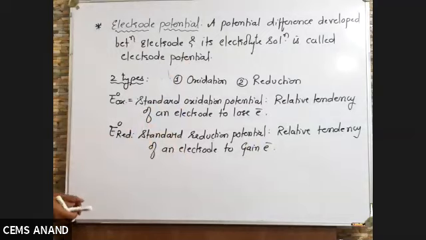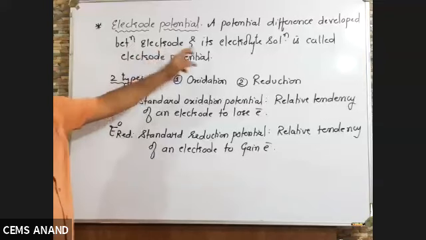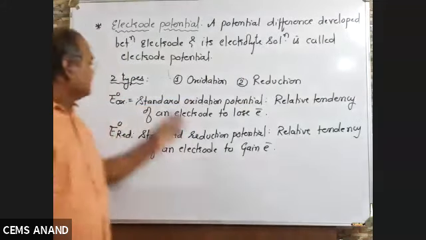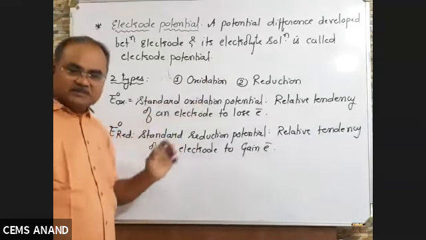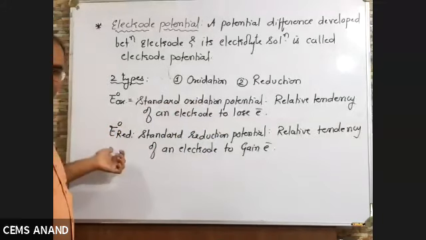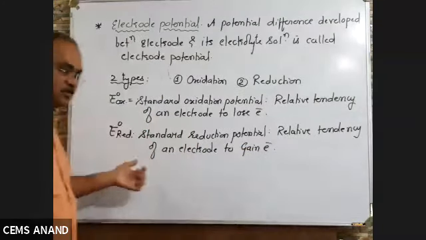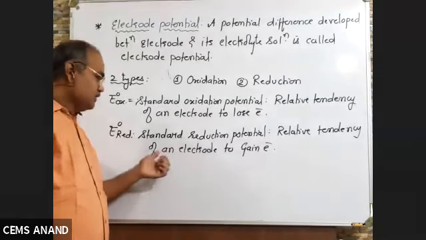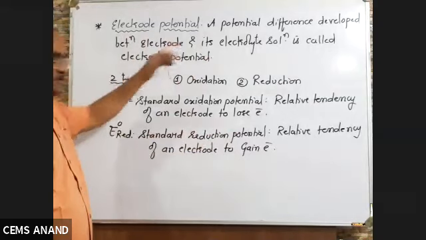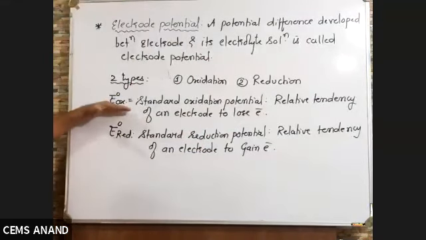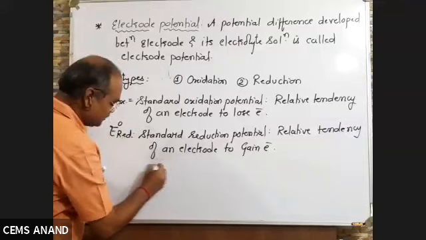So this is the definition of electrode potential. A potential difference developed between electrode and its electrolyte solution, right? In case of oxidation, it is developed between what? Zinc electrode and Zn2 plus ion solution. Yes, ZnSO4. In case of reduction, if you talk about Daniell cell, the electrode potential is developed between Cu2 plus from CuSO4 solution and Cu. So it is relative tendency of an electrode to gain electron. So these are the definitions of electrode potential. Maybe the electrode potential may be standard oxidation or it may be standard reduction potential. Important thing is relation between both.